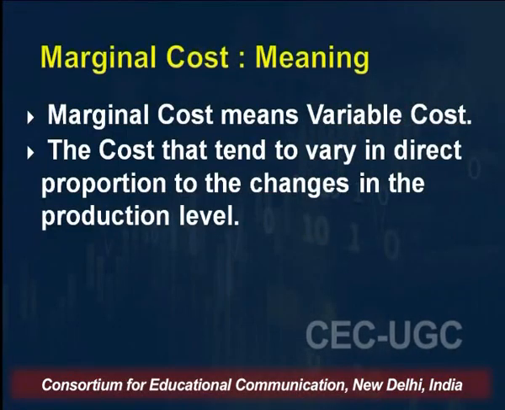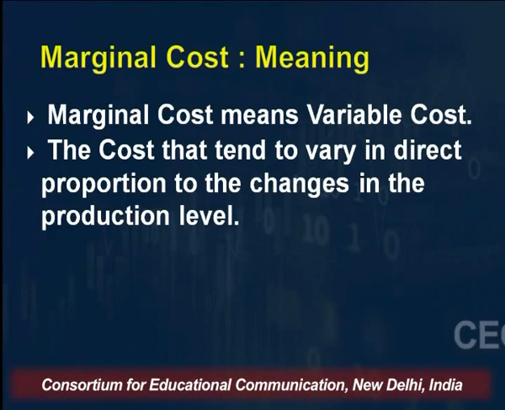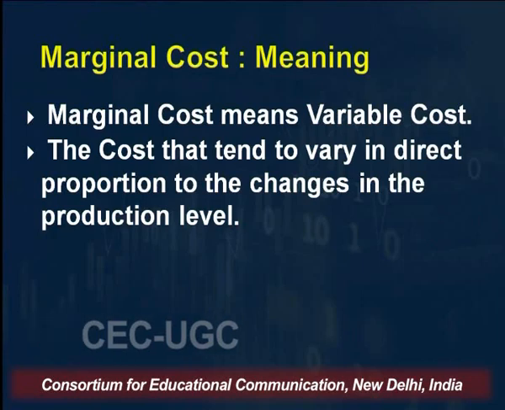Another definition of marginal cost is the cost which tends to vary in direct proportion to changes in the production level. So if a specific cost changes in direct proportion to the change in production, that may also be called variable cost or marginal cost.